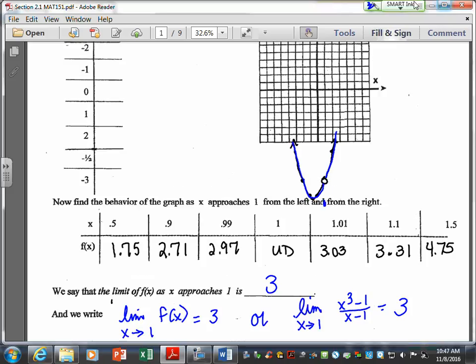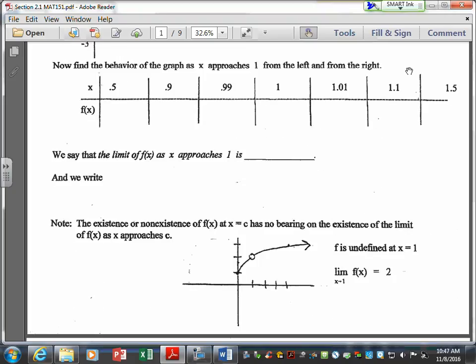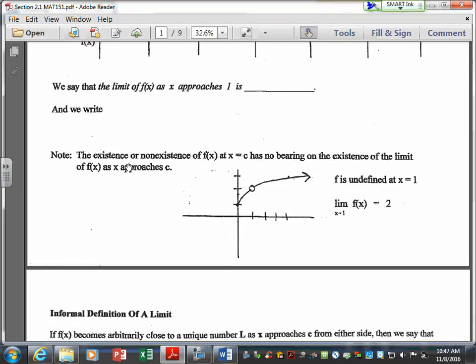Okay, let me clear this stuff. So basically it's saying the existence or non-existence of f of x at a particular point, x equals c, has no bearing on the existence of the limit as x approaches c. So just because the value f of x doesn't exist there, it's an open circle, we can still have that the limit exists, because it's undefined at x equals 1.